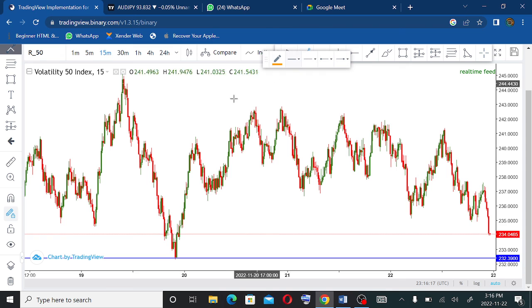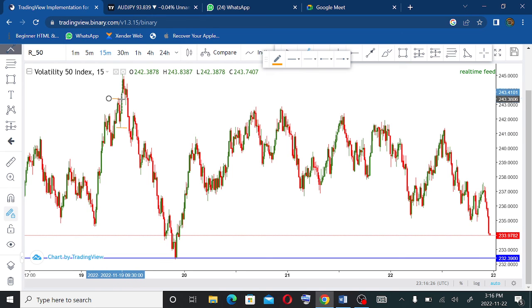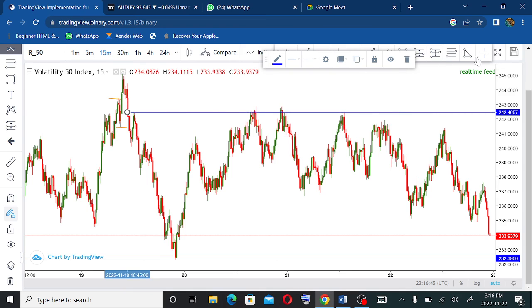We could see that the market is pushing to the upside, created liquidity here, broke this structure, created this liquidity here, and then we can see that it came up over to this point and respected it nicely.